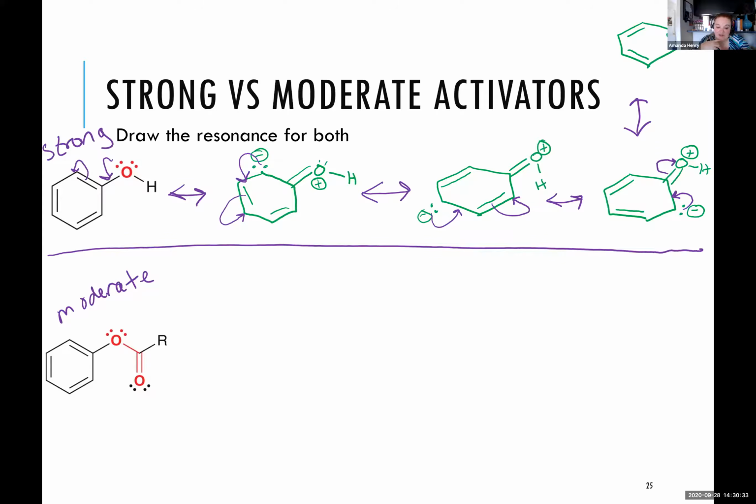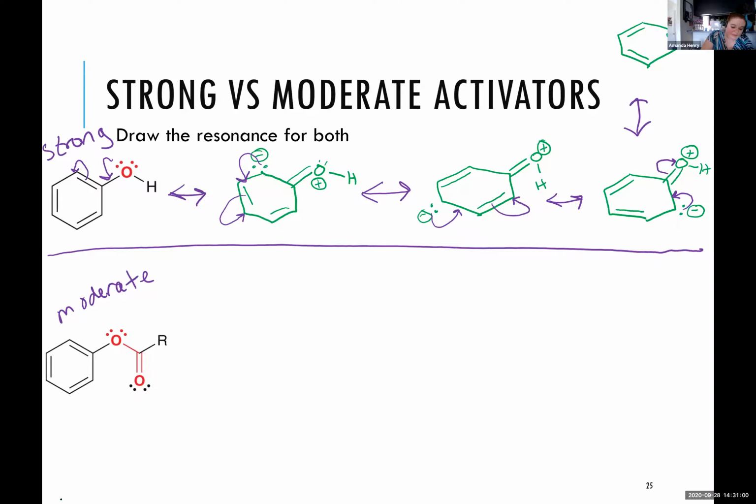So altogether, this structure does have five resonance contributors. The very first one and the very last one look super similar. The only thing that's different about them is the location of the pi bonds within the benzene. But remember, that's what makes benzene special, is it has the resonance within that structure. So it does count as its own unique resonance contributor.